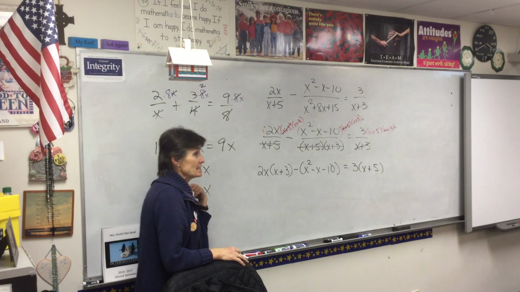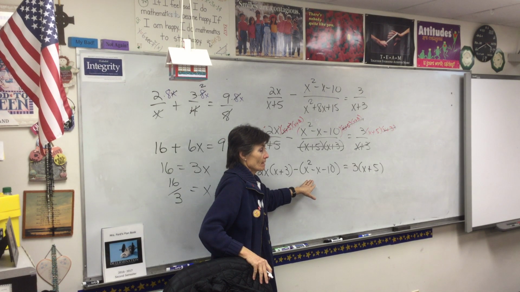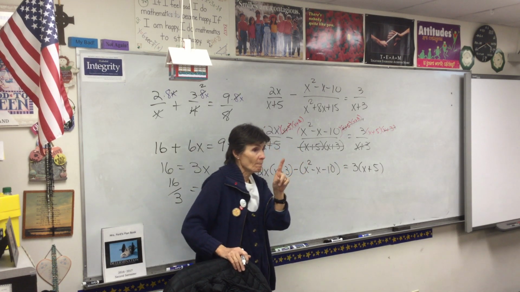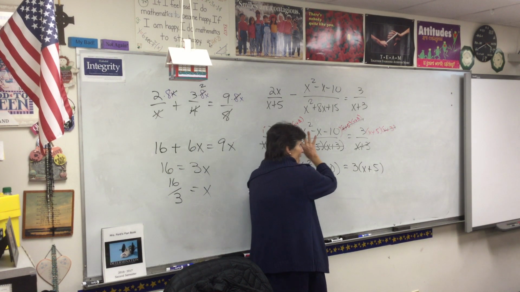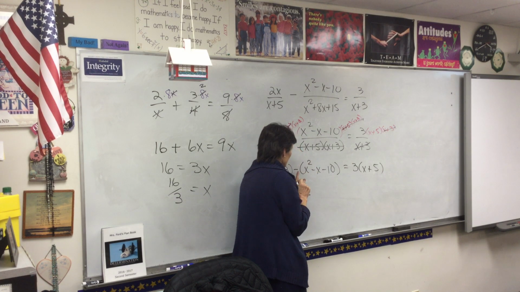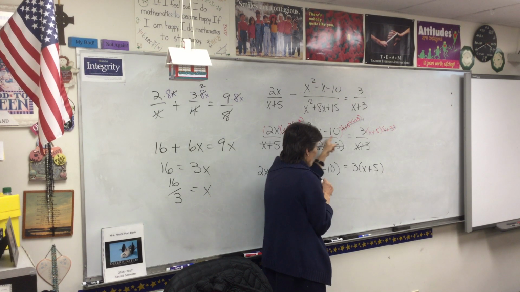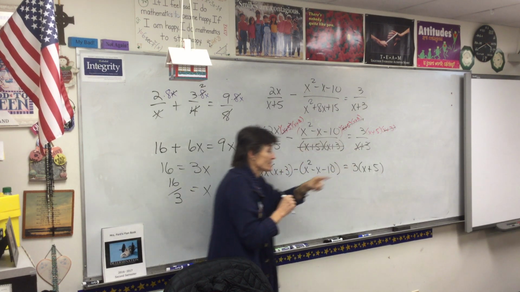Now, an easy place to make a mistake is right here. I wrote those parentheses in to remind myself that I am subtracting that whole thing, right? So what difference is that going to make? What if I didn't put those parentheses in? I would distribute. That minus goes all the way across. That whole fraction is minus.